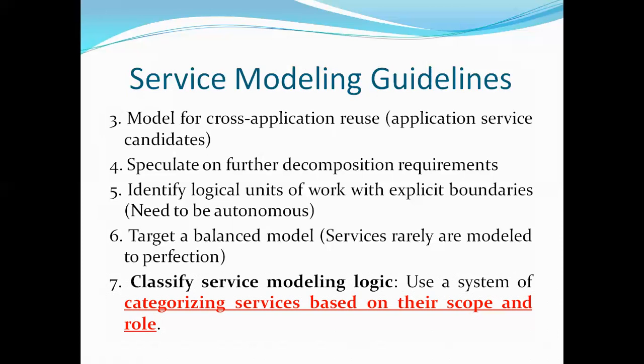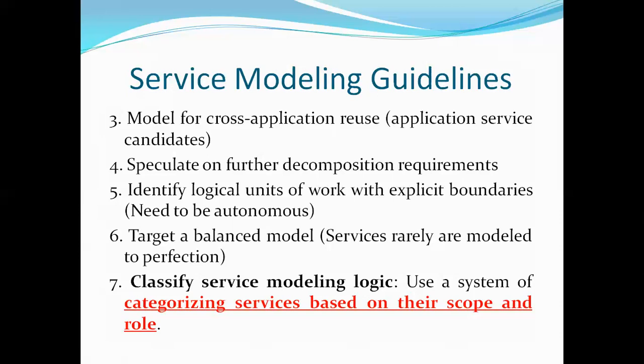After the decomposition process is over, you use the top down, bottom up or agile approach as the development delivery strategy. After that, whenever you develop the individual web services, you categorize them based on their scope and role, so that whenever the user requires any service, you can provide it easily to the end user. So this is the categorization of services based on their scope and role.